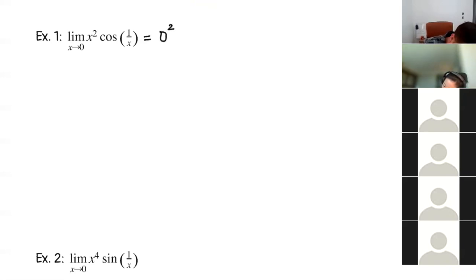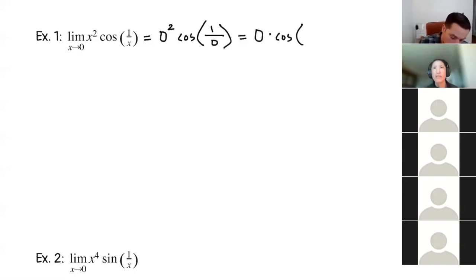0 squared cosine of 1 over 0, okay? 0 squared gives me 0 times cosine of, what does inside the parentheses go to? Undefined. Yeah, cosine of undefined.